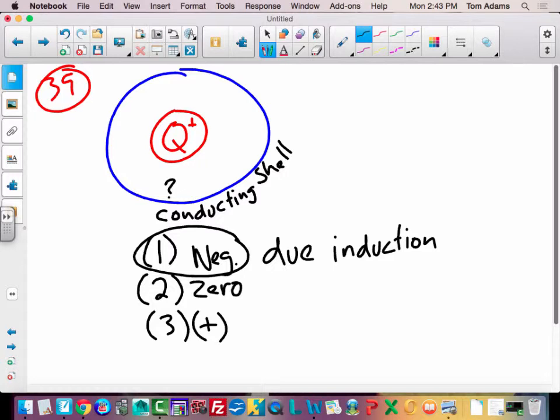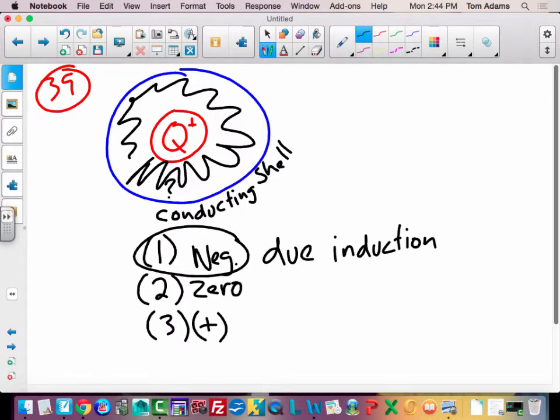So let me reread the question so it makes a little more sense. It says a solid conducting sphere. So it says it's solid. That means that there's stuff in between, right? Like this is a solid sphere. And it says that assume that the total charge Q is placed at the center of the sphere and released.